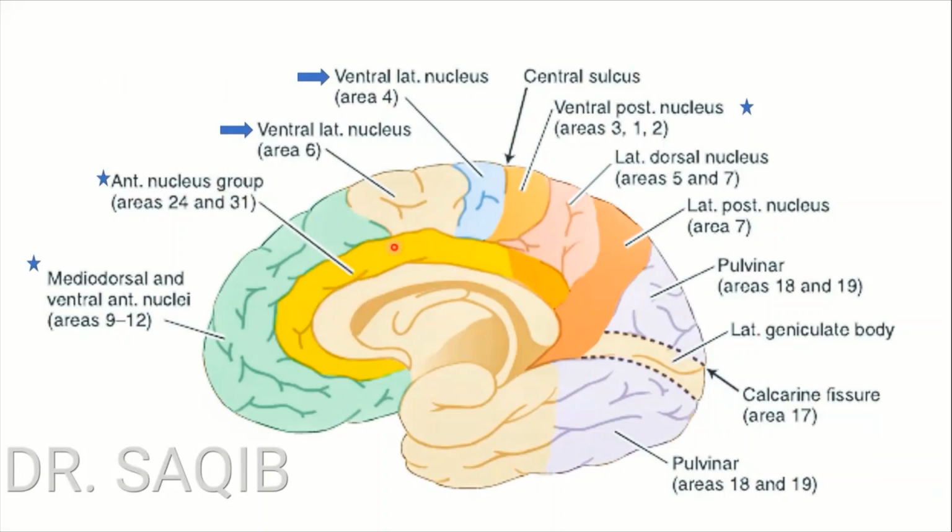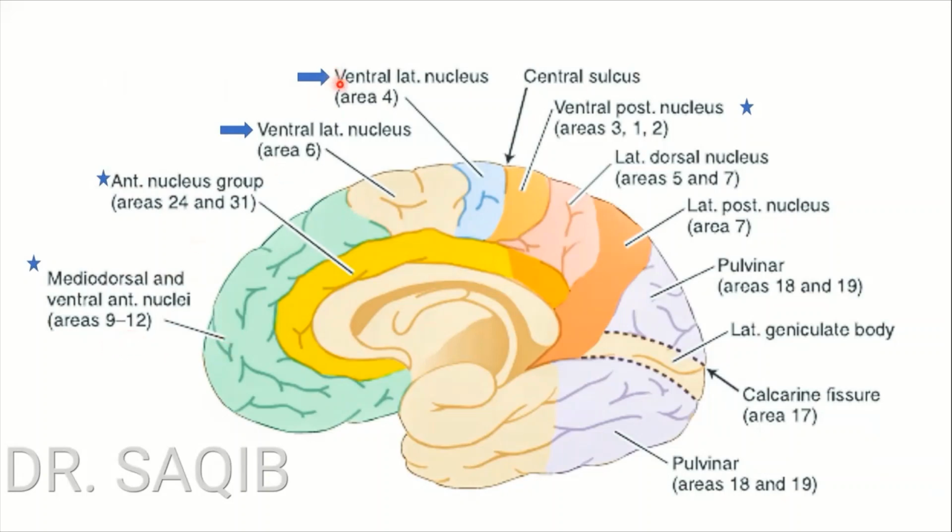You see, this is the cingulate gyrus. So the anterior nucleus projects to the cingulate gyrus, which are areas 24 and 31. Then the mediodorsal or dorsomedial group projects here to the prefrontal cortex, which is areas 9 to 12.